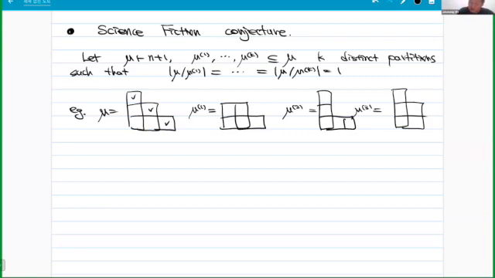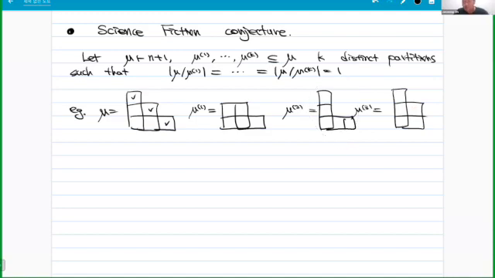And you can say that all these mu_1 through mu_k are similar in some sense, or you can obtain one from another by moving a cell. To obtain mu_2, we can move this cell to this place, or move this cell to this place.